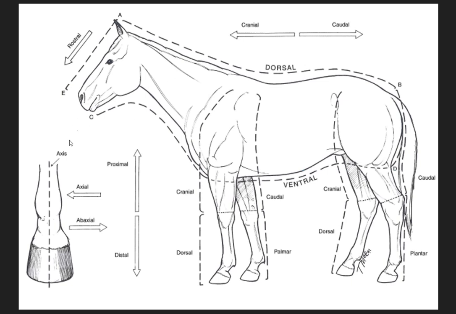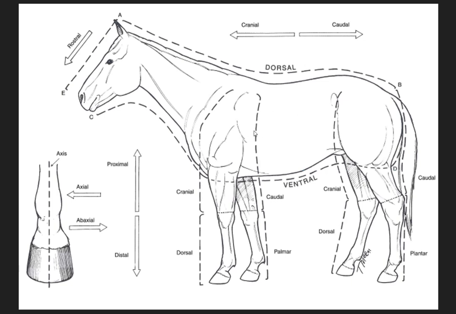Other terms are for the things that are close to the trunk. This is the trunk where the neck and forelimbs and hind limbs meet. We call it the trunk.